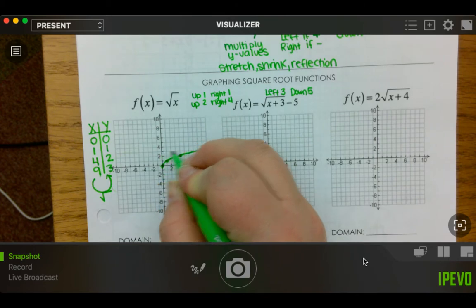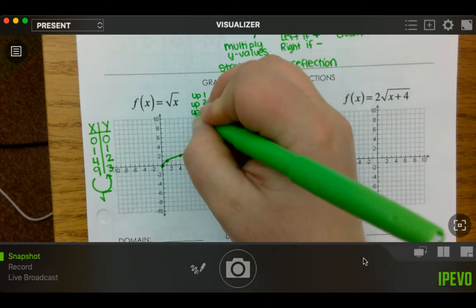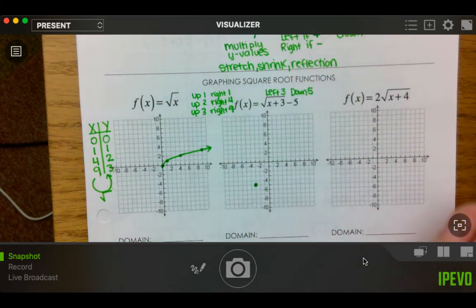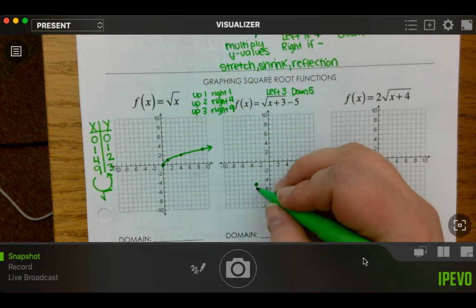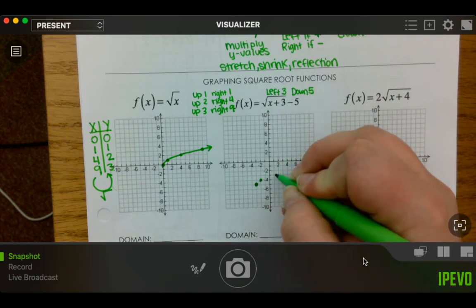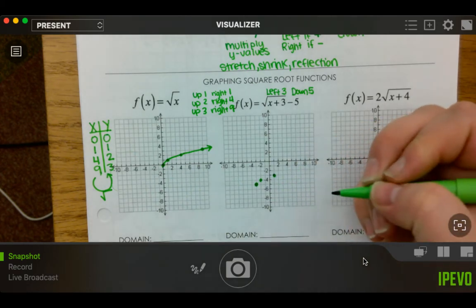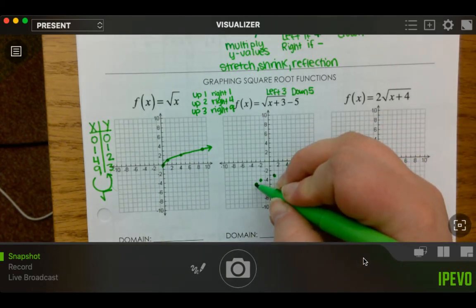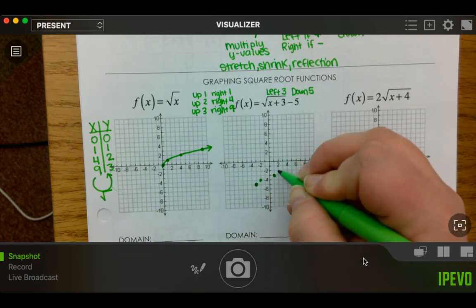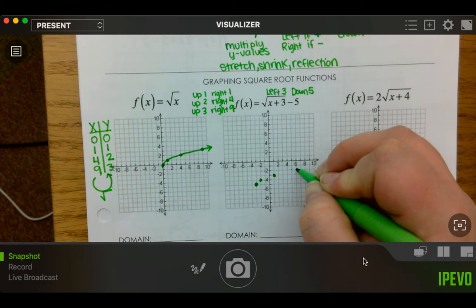And then I'm going up 3, right 9. So from this middle point, I'm going to go up 1, right 1, back to the middle point, up 2, right 4, back to the middle point, up 3, right 9. 1, 2, 3, 4, 5, 6, 7, 8, 9.